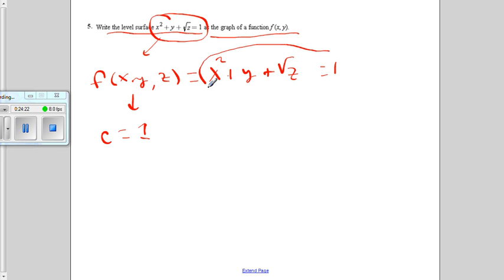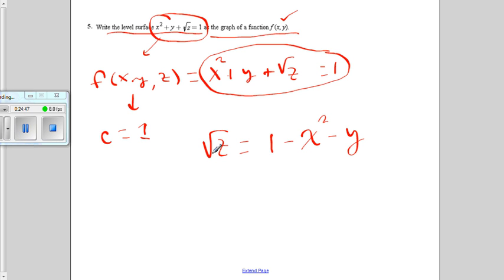And now what we want to do is write this level surface, which is just for one constant value of my dependent variable, as a 3-dimensional system, as a graph of f of x, y. So we're just going to solve that for z. So we get root z equals 1 minus x squared minus y, so z, which is f of x, y, equals 1 minus x squared minus y squared.